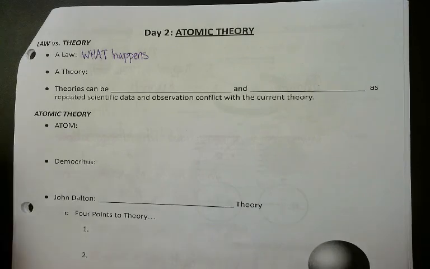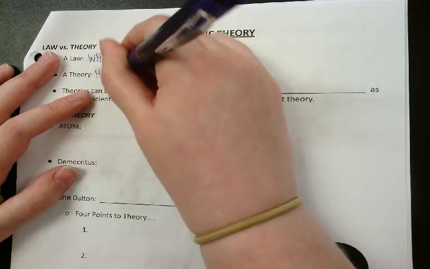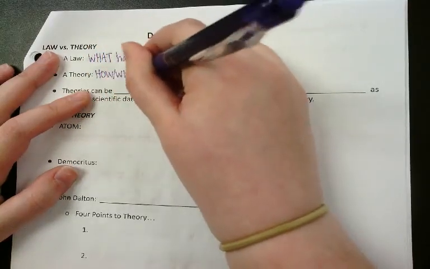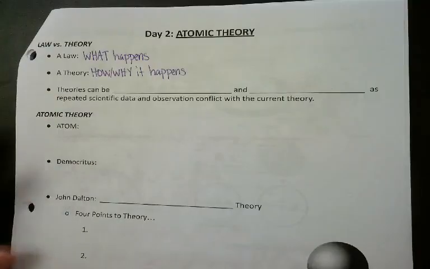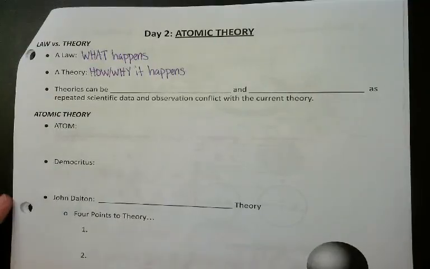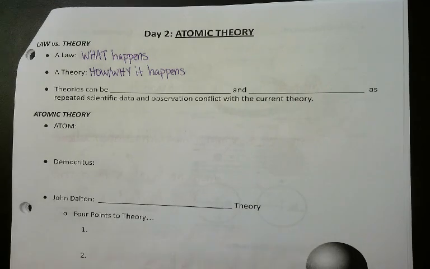Whereas a theory is the how or the why it happens. So that's going to be the reasoning behind it. So atomic theory, what we're going to talk about today, these are all theories, like how or why, the reasoning to explain an atom.